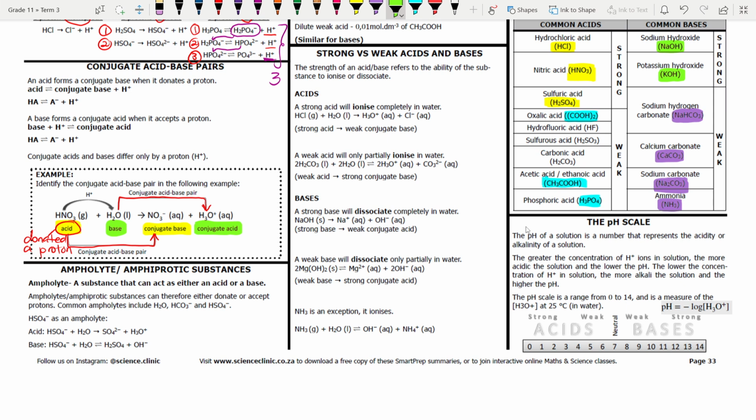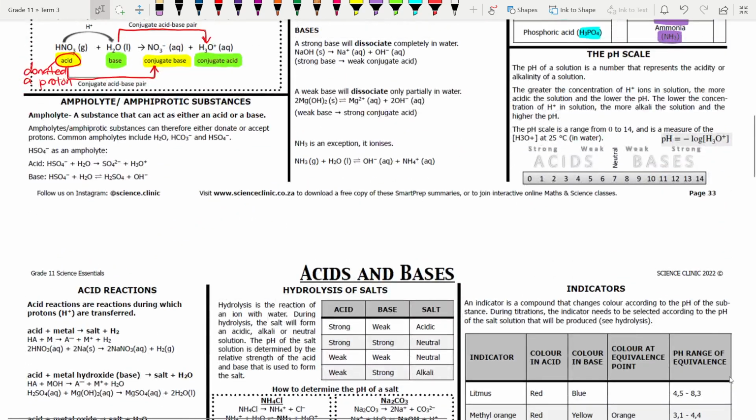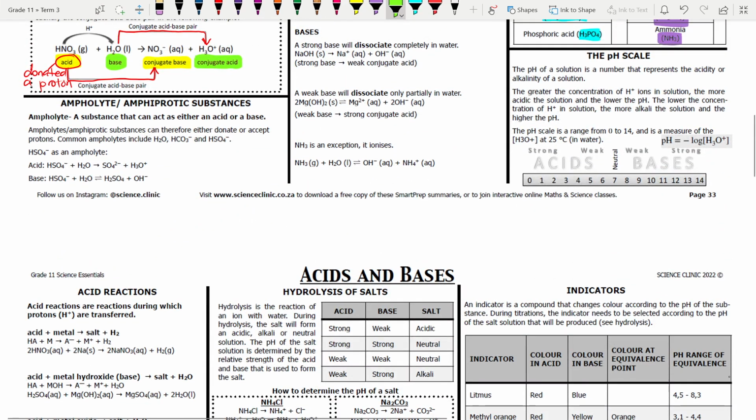Let's look at another example. For example, if we look at ammonia here, we're going to have NH3 on the reactant side, and on the product side we see NH4 plus. So those are conjugates.